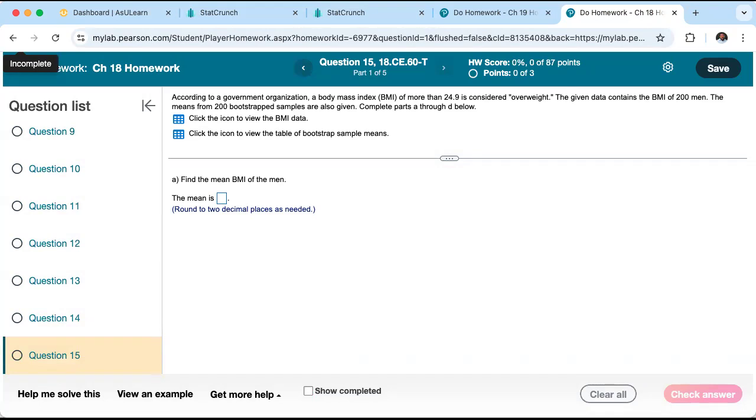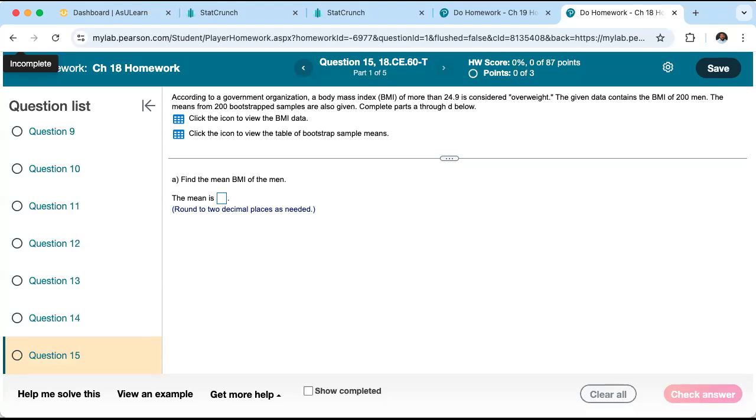Have you all been able to open your chapter 18 homework, question 15? Okay. So since we all have this, let's try to solve this. I'm going to do it fully, so make sure that you understand as we go along.